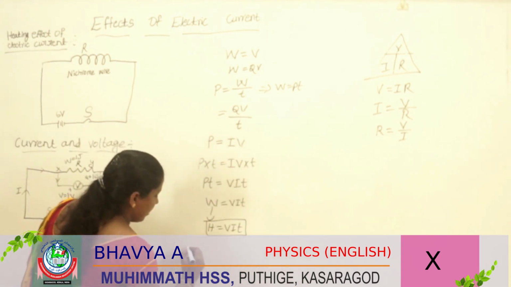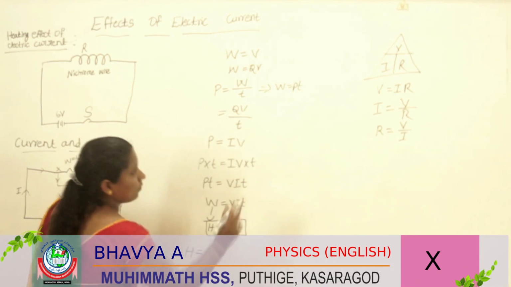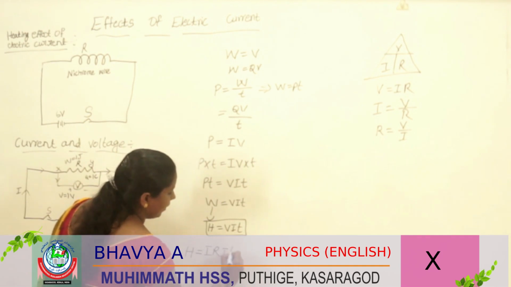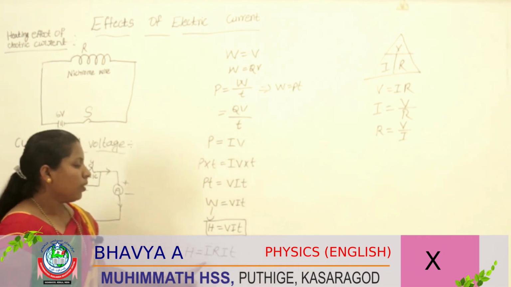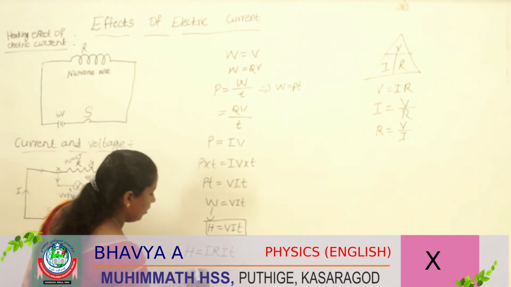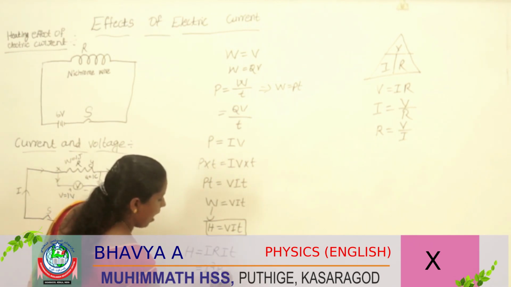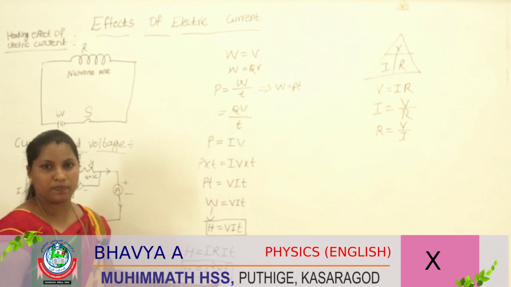So H is equal to IR into IT. Multiplying, how much did you get here? H is equal to I square RT.